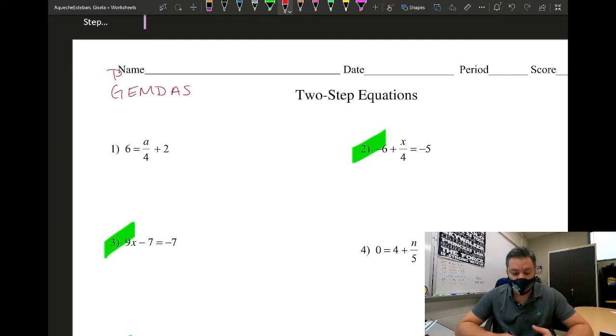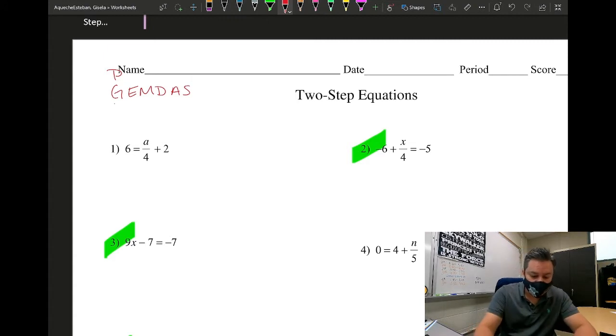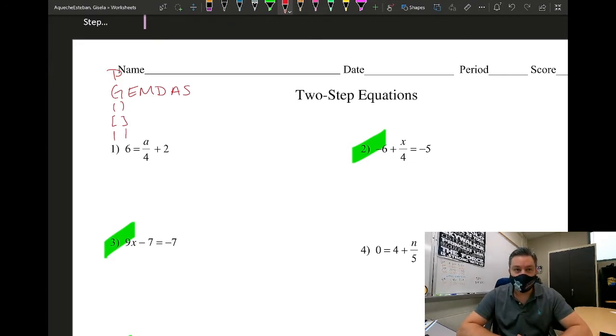The G stands for groups. In those groups, we have parentheses, brackets, things like that. Some people call it PEMDAS, but then you're limited to only parentheses. So the G stands for groups: parentheses, brackets, or absolute values, anything in that nature.